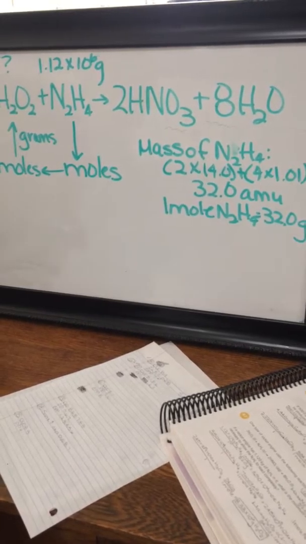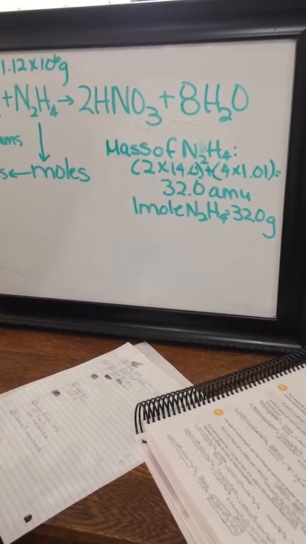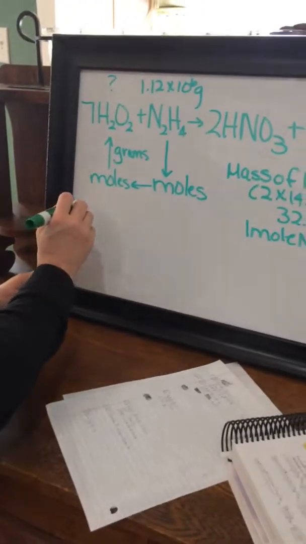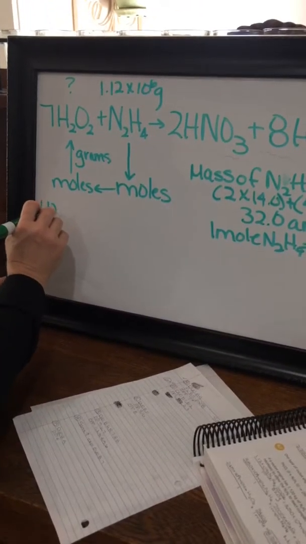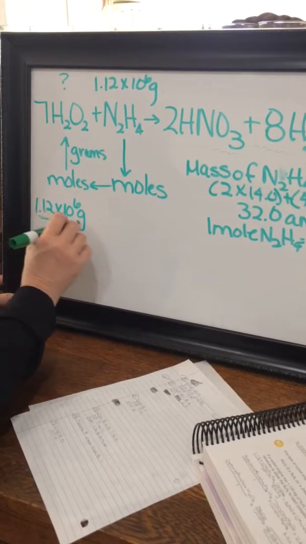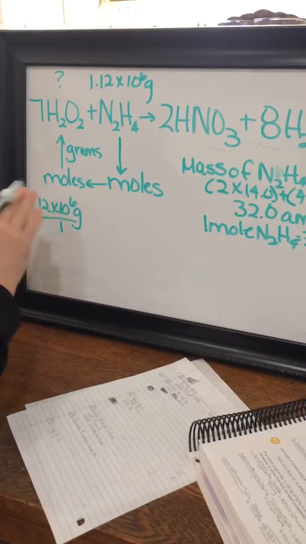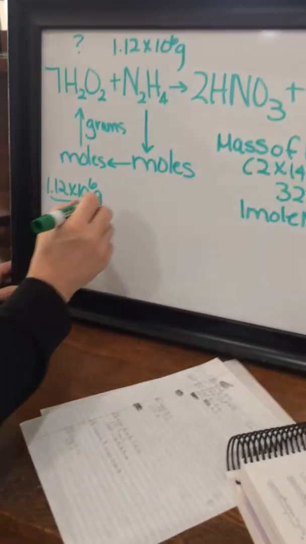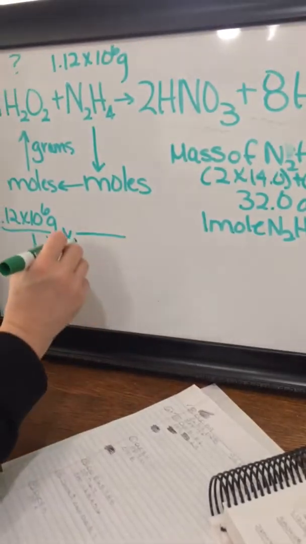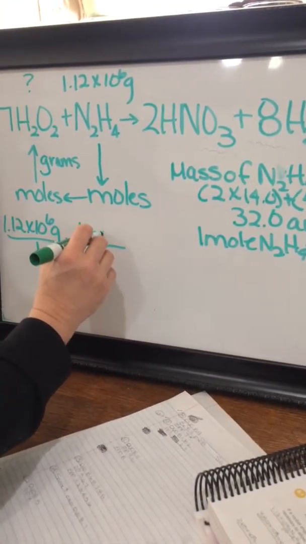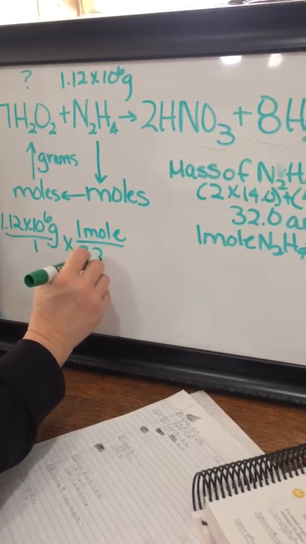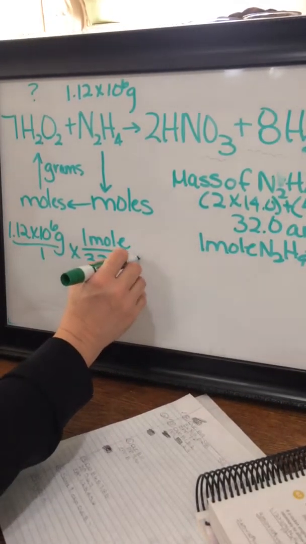Now we're going to take how much we have of N2H4: 1.12 times 10 to the 6th grams of N2H4 over 1. I'm not going to write that just because I have so little space here. Times our conversion factor. We're trying to change this to moles so that we'll be able to relate them, over 32.0 grams.